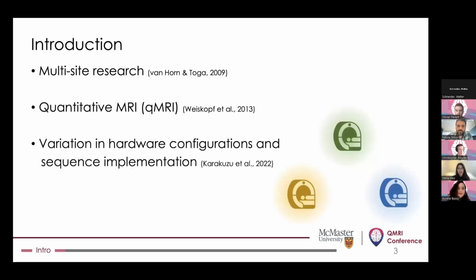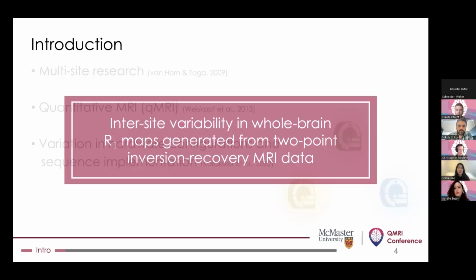But like Dr. Stikov said, this comparability and reproducibility of qMRI data does depend on hardware configurations and sequence implementations and the vendors used. And so here we wanted to present some of the intersite variability that we observed while generating whole brain R1 maps from 2-point inversion recovery MRI data.